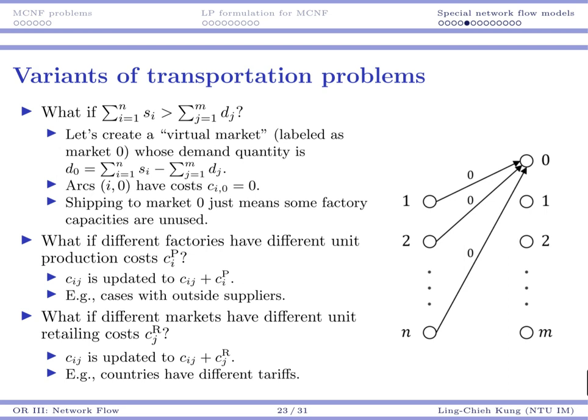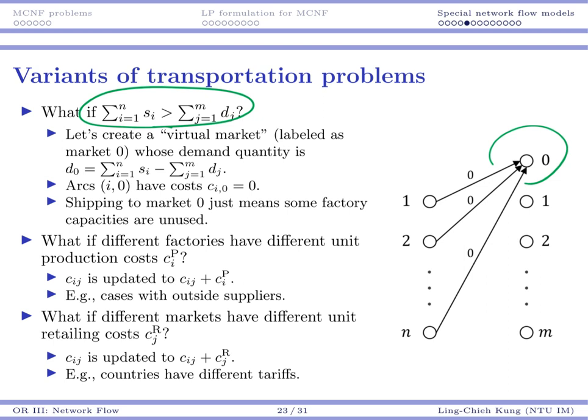If you ship anything there, the cost is set to 0. The shipping quantity there simply means the capacity is unused. This helps us again formulate a transportation problem as an MCNF problem with no difficulty. Even if in practice you have this, you are still able to deal with it by having a virtual node.